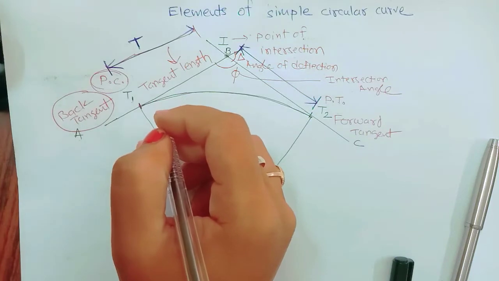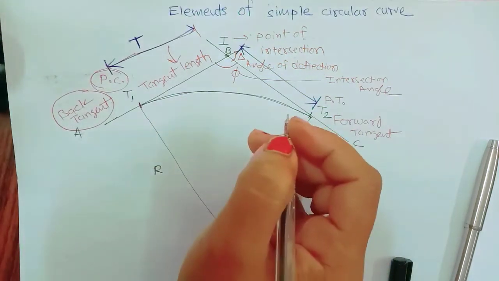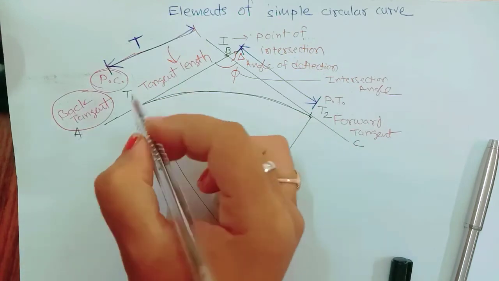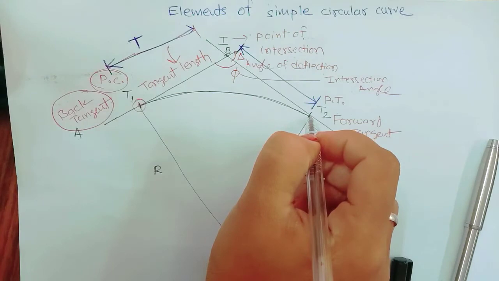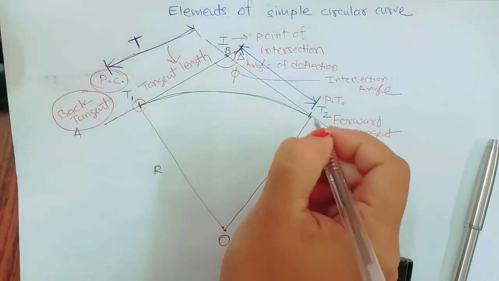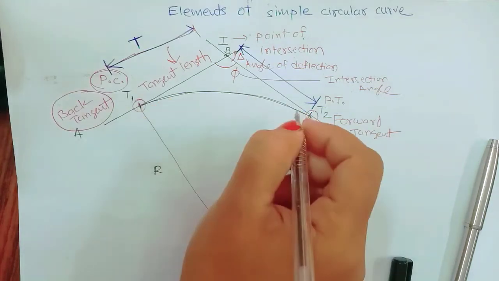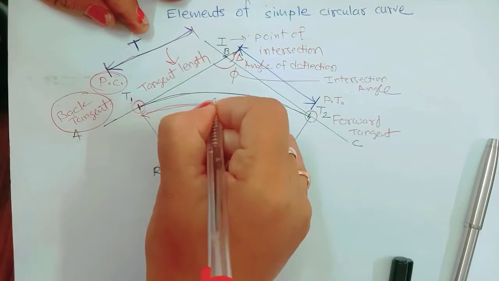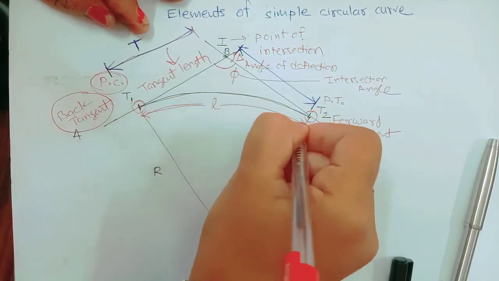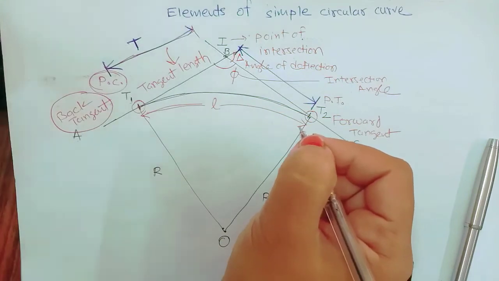Okay. So next element is what? Length of the curve. So total length of the curve from the point of curvature, so this point of curvature to the point of tangency T2 is called length of the curve. So from T1 to T2, that circular distance, that is known as a small l, length of the curve. Okay, length of the curve.